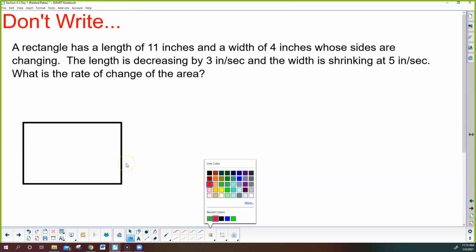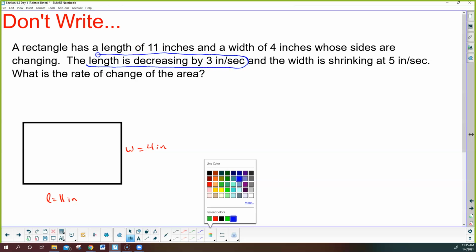All right, so the first thing you're going to do is read it, and then you're going to draw a picture. So I have a rectangle, and we know the length is 11 inches. We know the width is 4 inches. And then we know a couple of other things, and this is the part where it's kind of interesting. The length is decreasing by a rate.